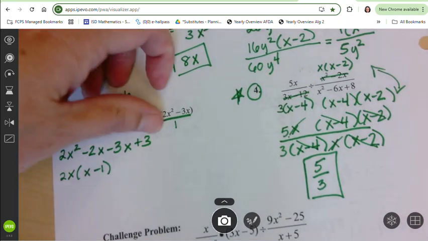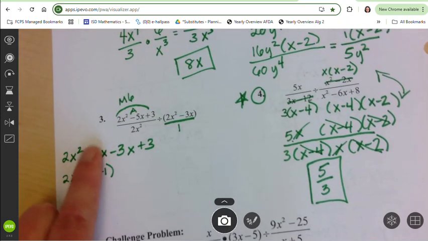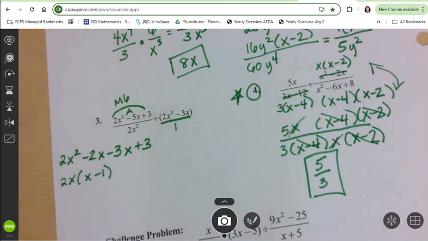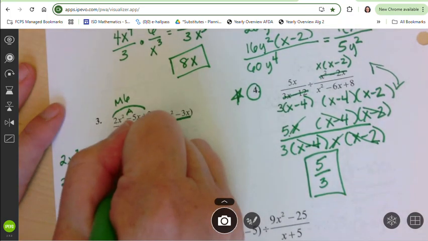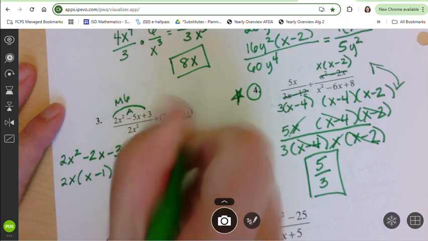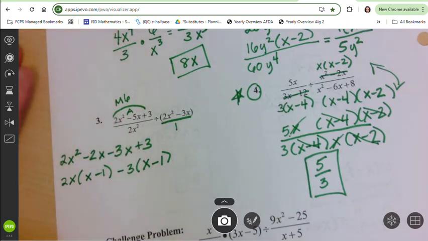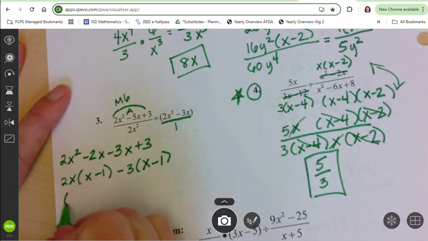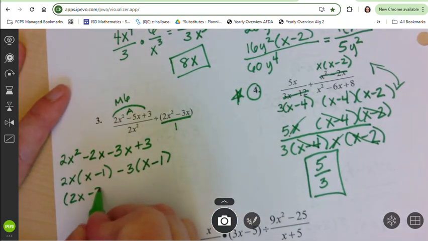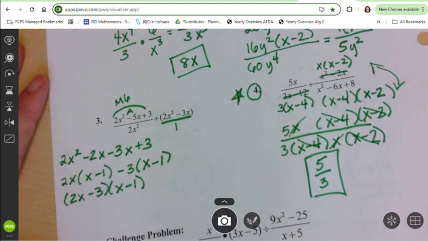The second two terms, a lot of you can see that you can divide them by 3, but if the first term of those two is negative, you want to factor out a -3. So factor out a -3, and then this becomes x minus 1, which matches. So by factoring out that -3, we get our parentheses to match. And then this is 2x minus 3 times x minus 1.